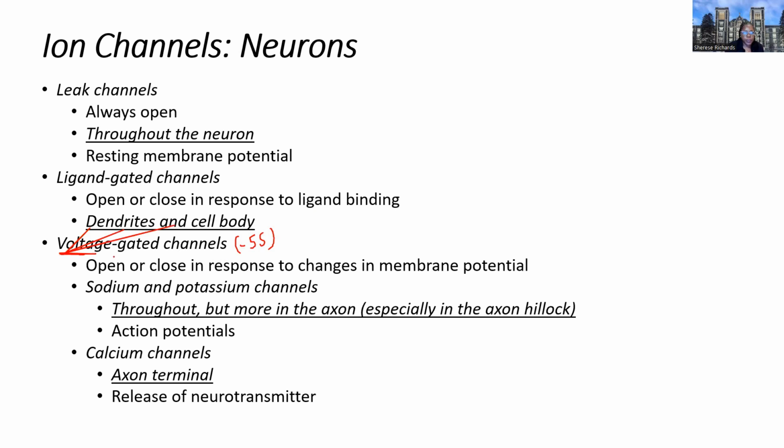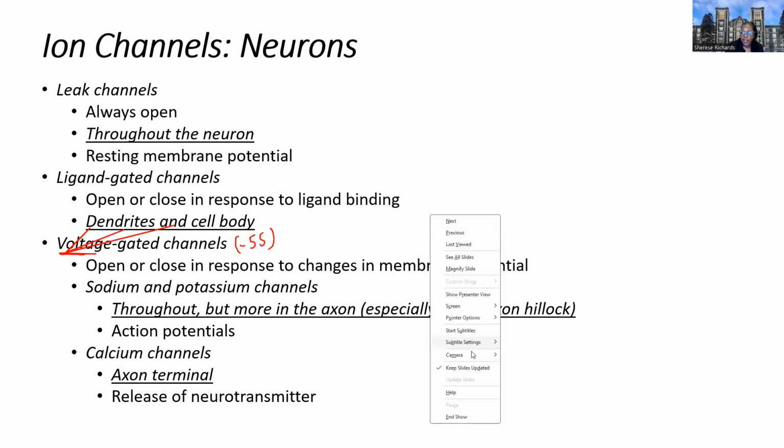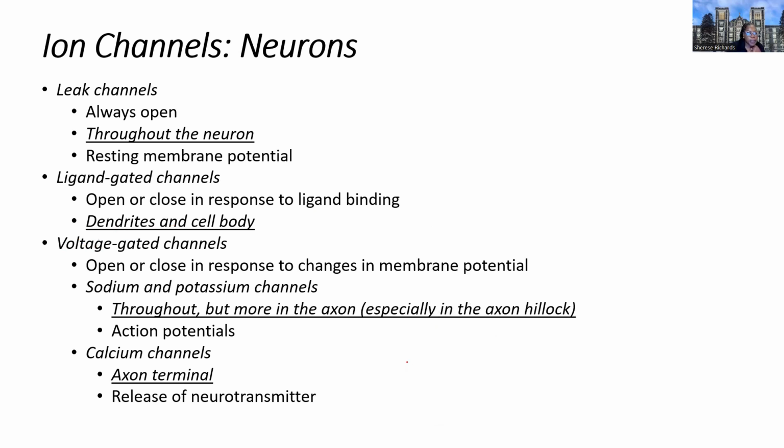When we get to a specific threshold or a specific membrane potential, then this channel will open up. So it's really important to think about the mechanism of these channels, which we're going to spend some time describing later on. These are also found throughout the neuron, but really concentrated along the axon, especially at the axon hillock.